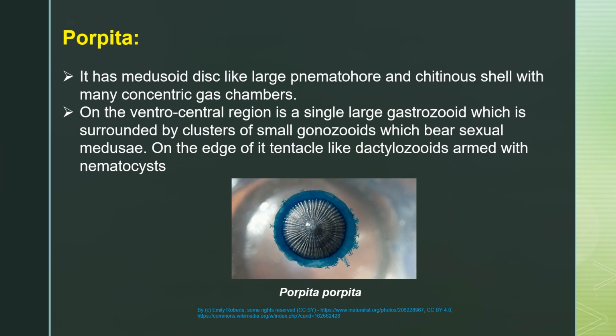Porpita has a medusoid disc-like large pneumatophore and a chitinous shell with many concentric gas chambers. On the ventrocentral region is a single large gastrozooid which is surrounded by clusters of small gonozooids which bear sexual medusae. On the edge of it, tentacle-like dactylozooids are armed with nematocysts.